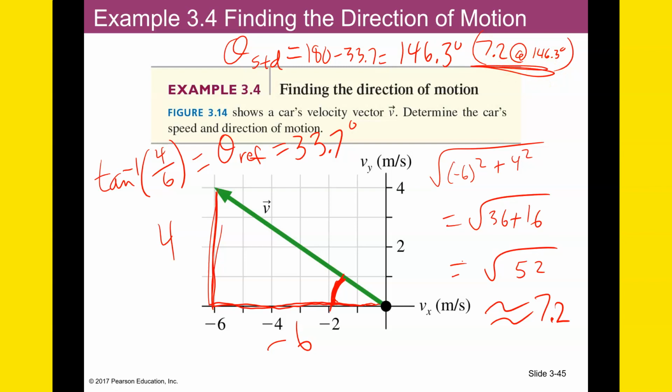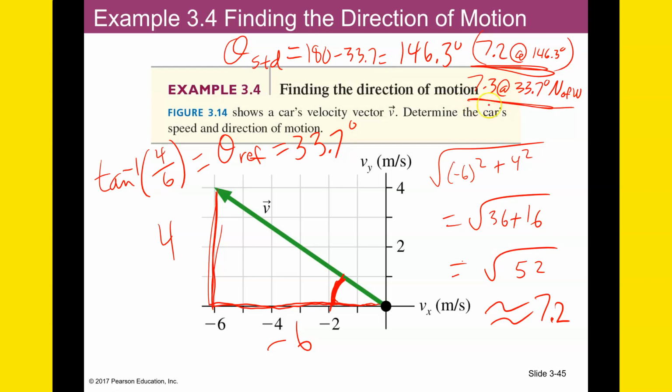If they want it as a cardinal direction angle, then you could simply say 7.2 at 33.7 degrees north of west. That's another way to express it.